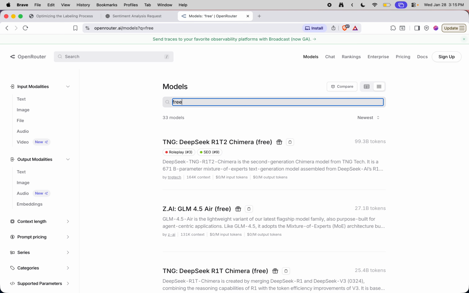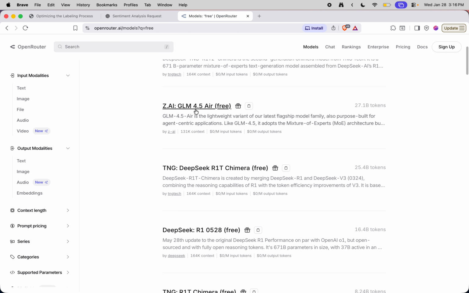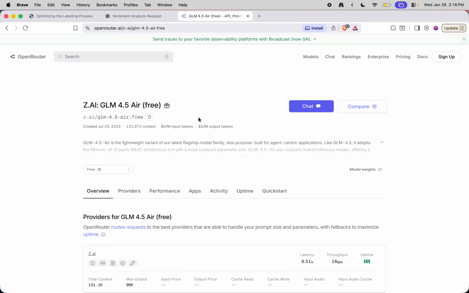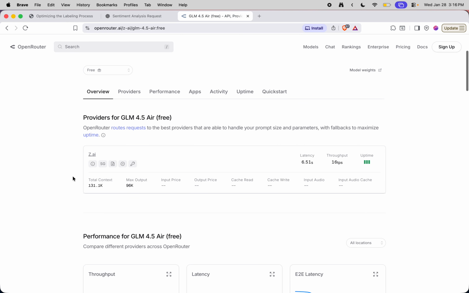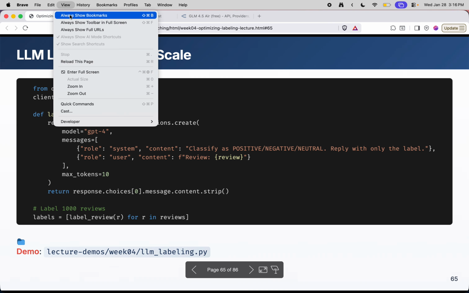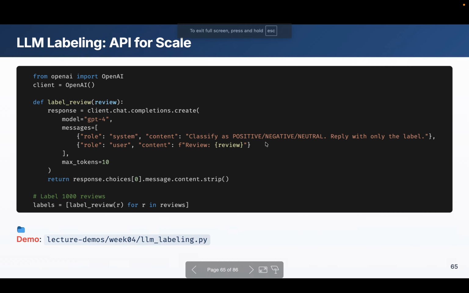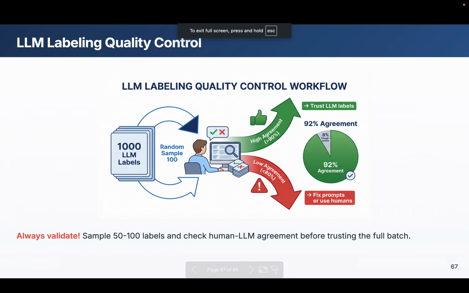So ideally what we want, this is the system prompt. And then this is actually not ideal.